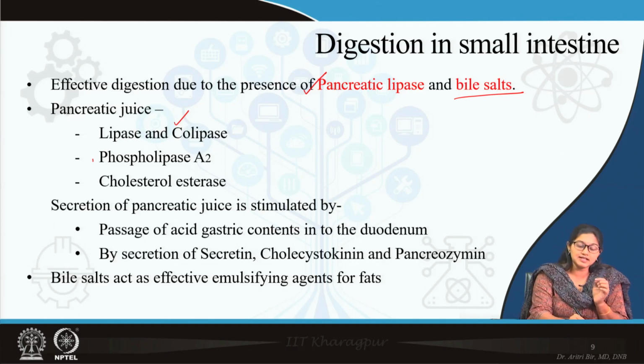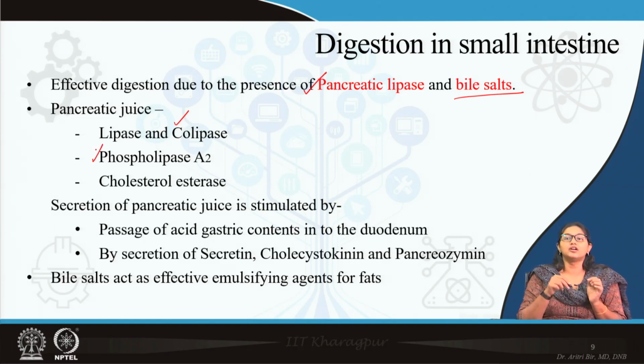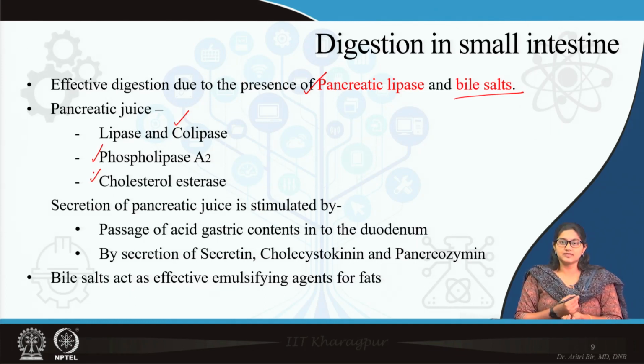Then phospholipase A2, important for breaking down phospholipids, and cholesterol esterase, which is important for breaking down cholesterol esters. Now, secretion of pancreatic juice is stimulated by the passage of acidic gastric content in the duodenum, as well as a few other hormones like secretin, cholecystokinin and pancreozymin.